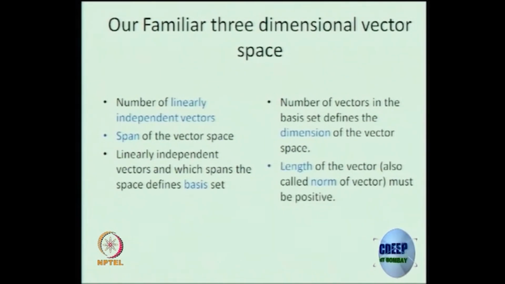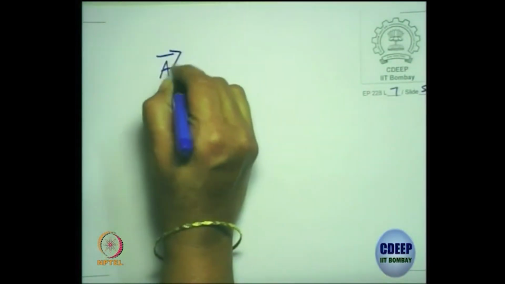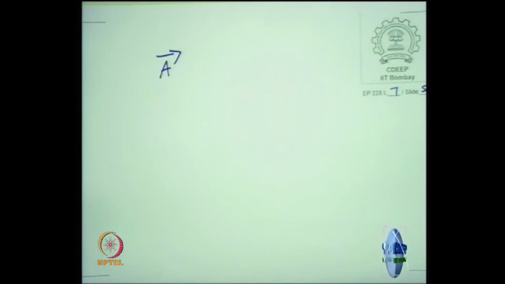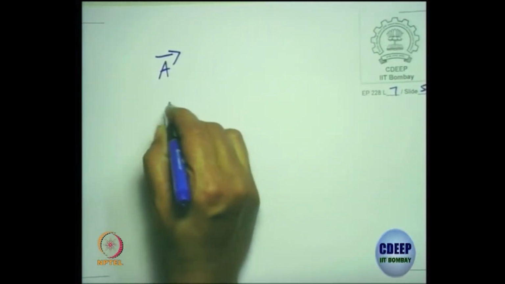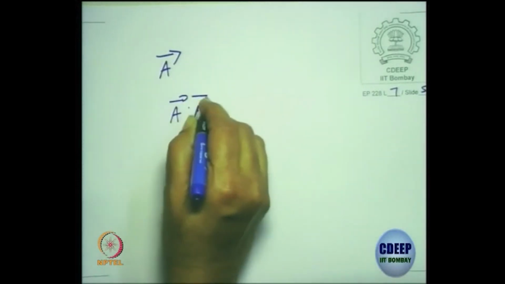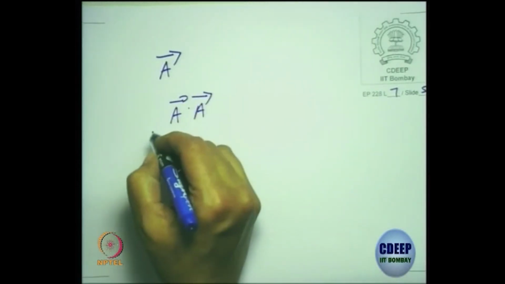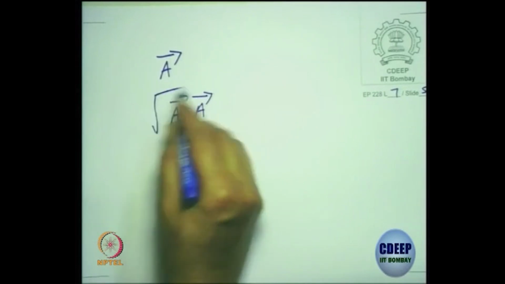Then the next question is, what is the length of a vector? How do you do this in your vector calculus? Whenever you are given a vector A, if you want to find its length, you define A dot A and take the square root.